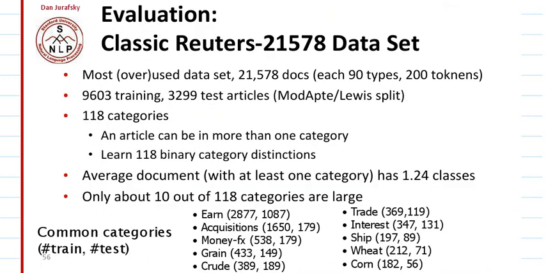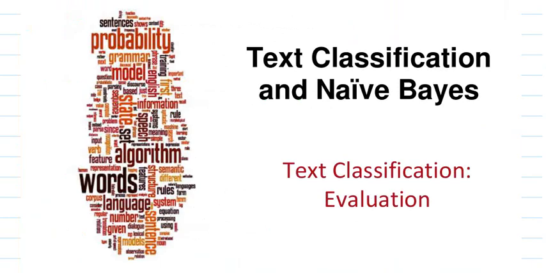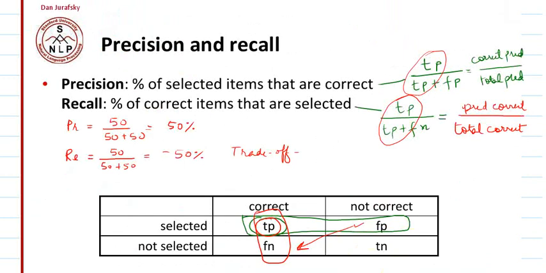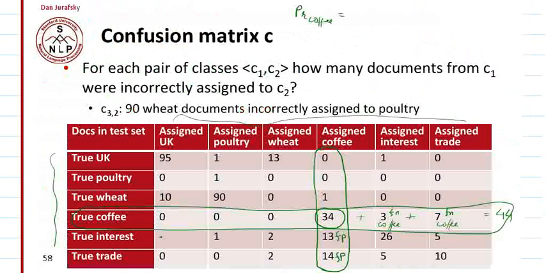So what is the formula here? We see that the precision is TP upon TP plus FP. So true positive is 34, so TP upon TP plus FP is 34 upon 34 plus the false positives, which are 13 and 14.